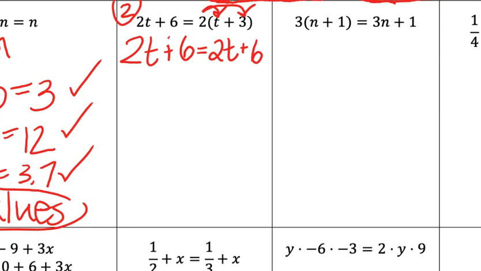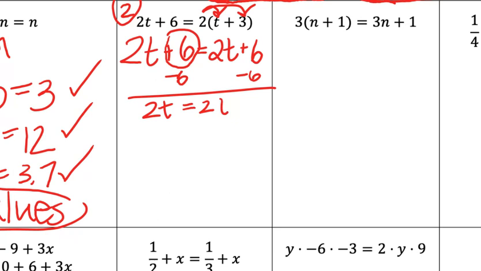I want to eliminate this 6 right here, so I'm going to subtract 6 from each side. And I get 2t equals 2t. It's very similar to what we had previously, n equals n.